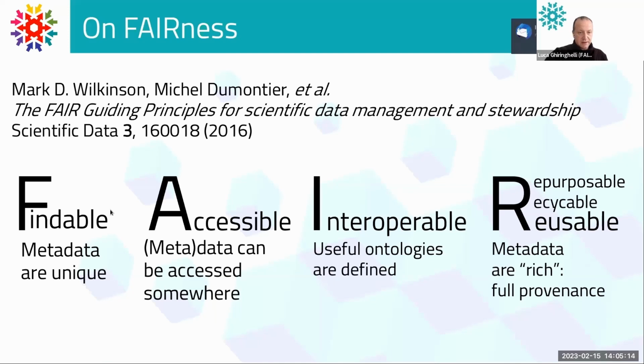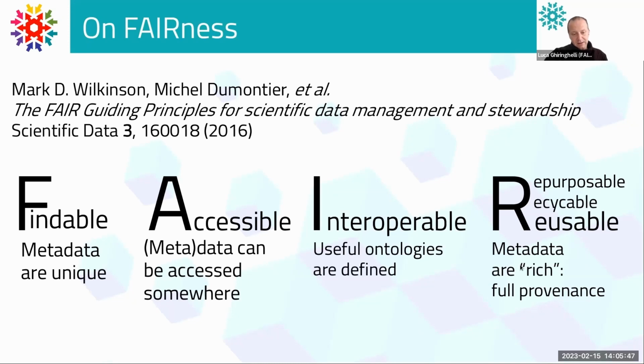So the data should be findable. That means that the metadata that annotate the data should be unique, should be accessible. The metadata should be accessed somewhere. And then a bit of a higher level request is that the data and the metadata are interoperable, and this is where the concept of ontology comes in. Essentially today I will not talk about ontology, but this is what lurks behind the interoperability request of the data.